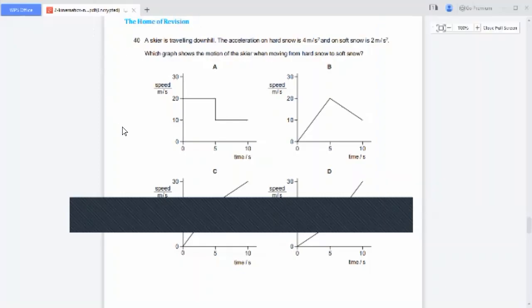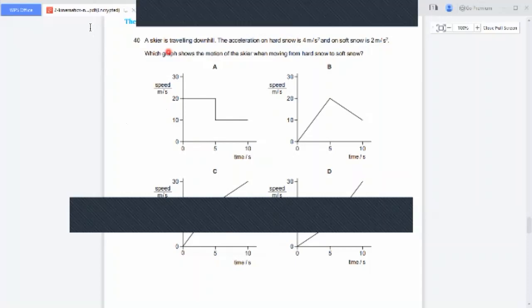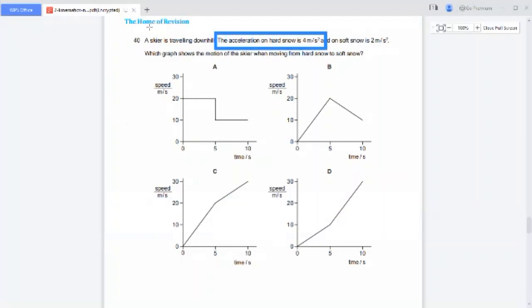Number 40. It states a skier is traveling downhill, the acceleration on hard snow is 4 meter per second squared, and on soft snow it is 2 meter per second squared.